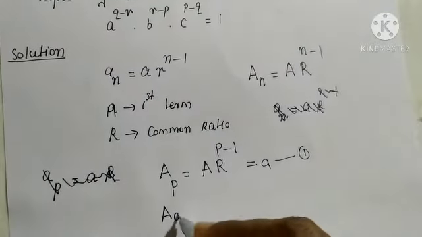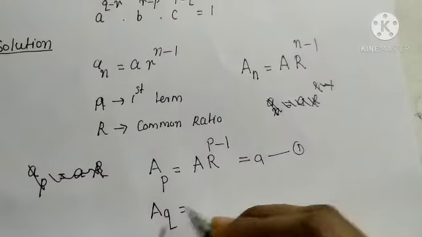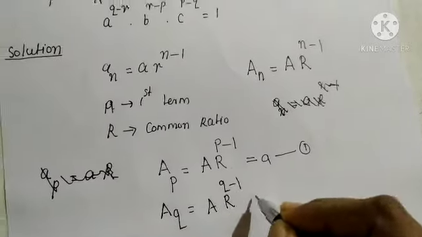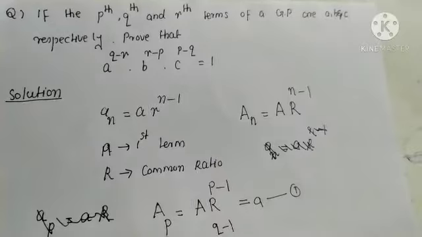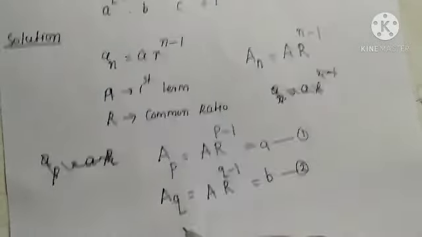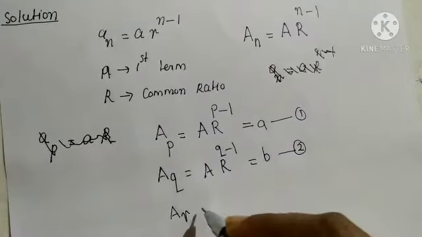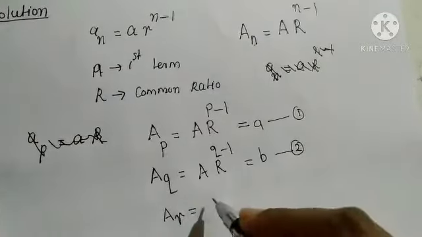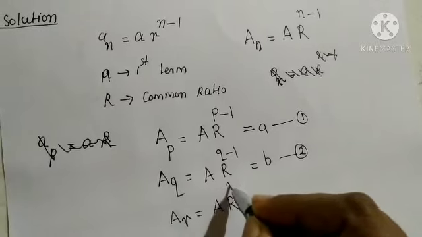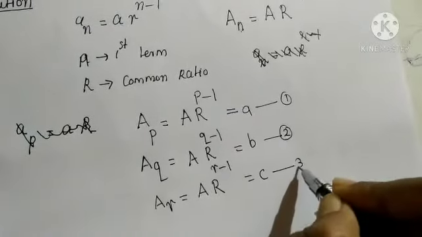Replacing n by q in this formula, we get the qth term A R raised to q minus 1, and it is given as b. Name it equation number 2. Next, the rth term. Replacing n by r, we get the rth term A R raised to r minus 1, and the value is given as c, equation number 3.